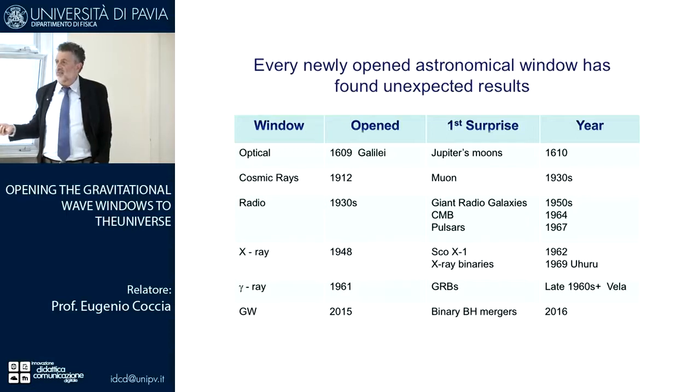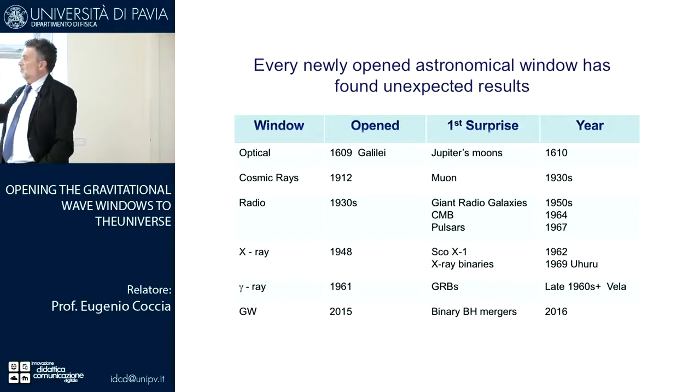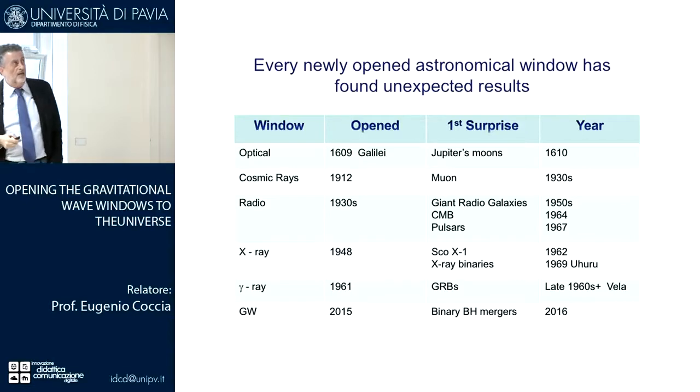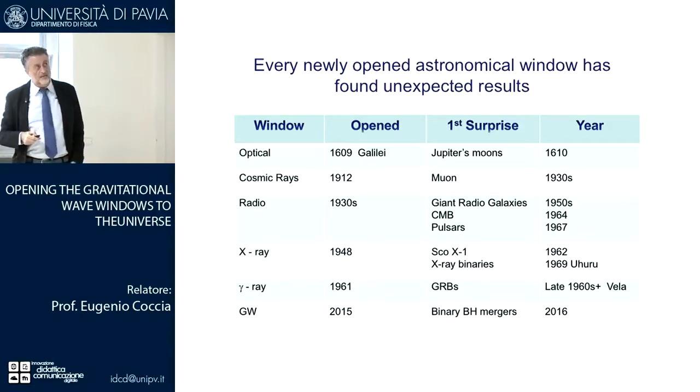No one predicted it. When the radio window was opened, we have seen the cosmic microwave background. We have seen pulsars. At the beginning, pulsars were thought to be some extraterrestrial clocks giving signals. And then X-ray, gamma ray, as I said.